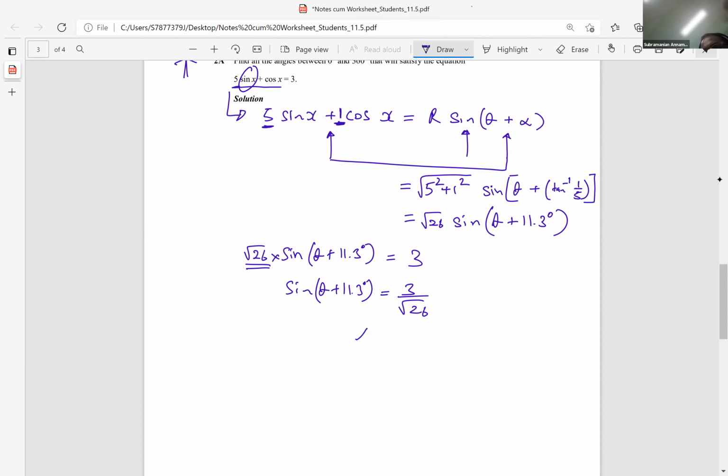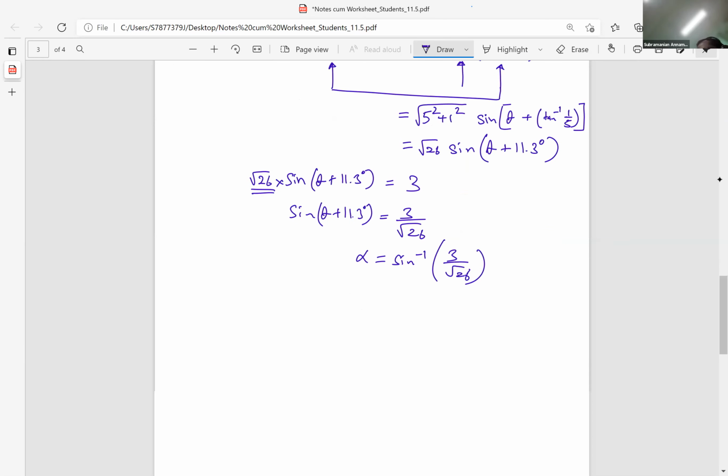Then you find your basic angle. Basic angle is sine inverse 3 over square root 26, which is 36.0 degrees.